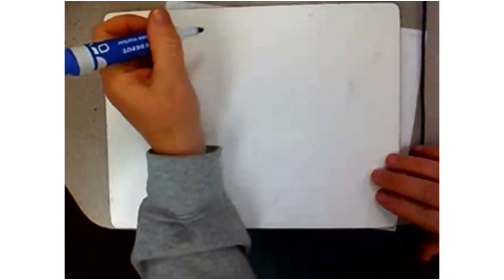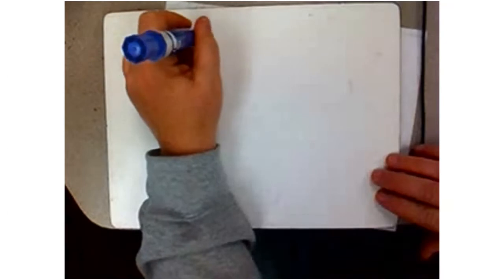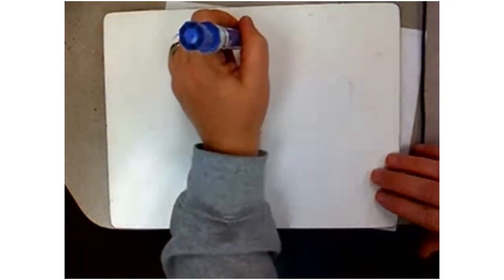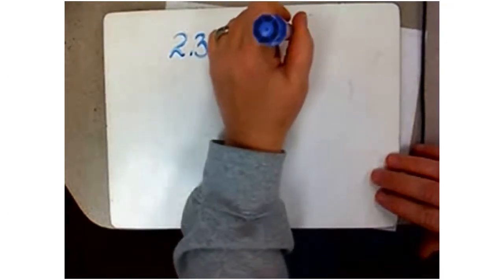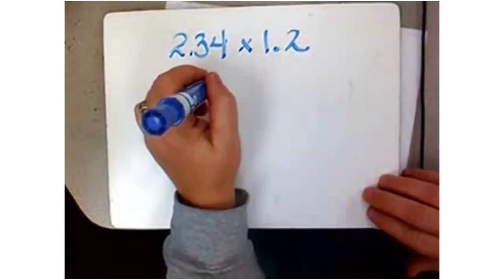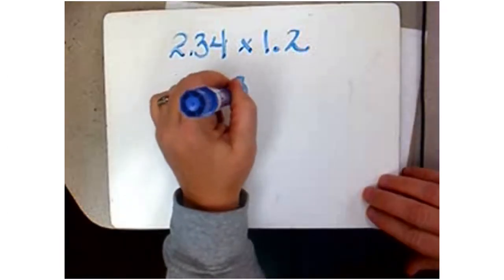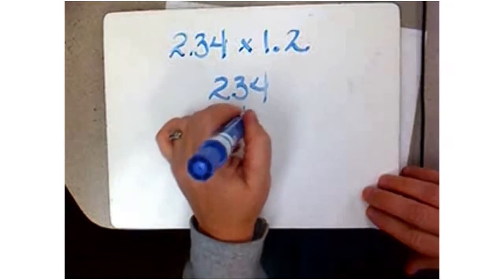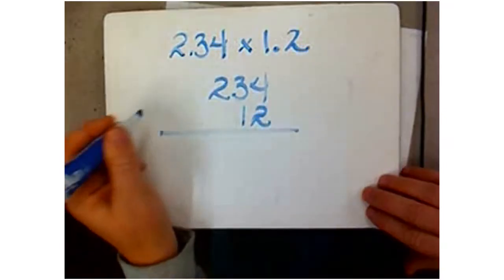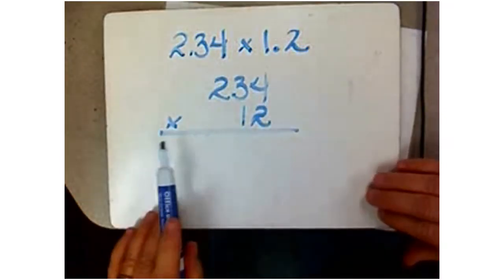So look on page 372. If we had 2.34 times 1.2, you can just set this up as 234 times 12, and we're ignoring the decimal. Notice there's no decimals.